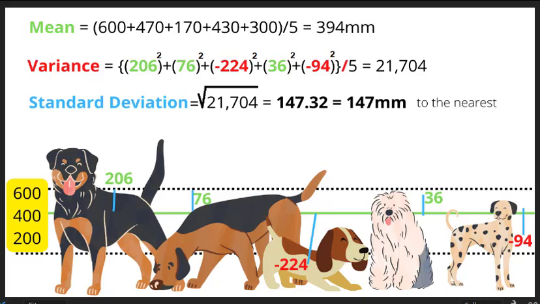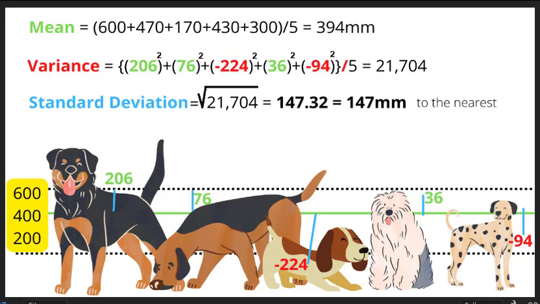Take this individual, this black dog, which should be a Rottweiler. It is 206 millimeters above the mean: 600 minus 394 equals 206. So you square it.